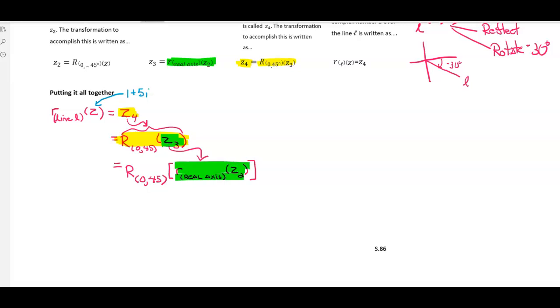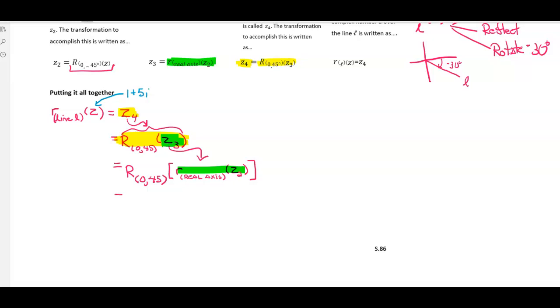Okay, and now the last one, I'm going to take out the letter Z2. I'm going to take out the letter Z2 and I'm going to replace it with this.